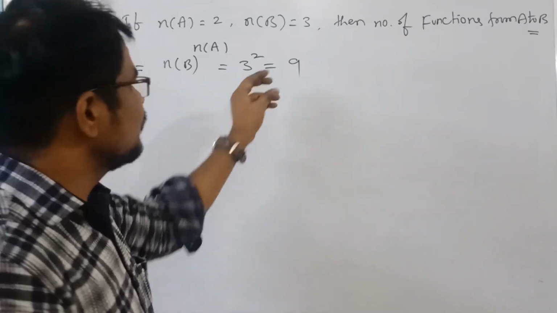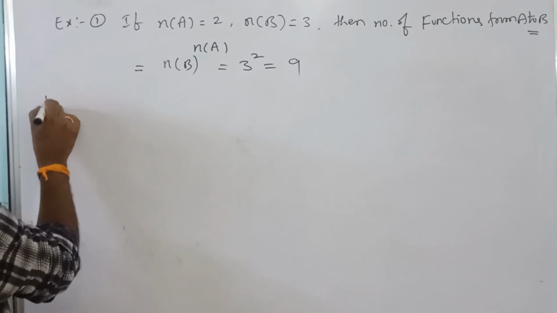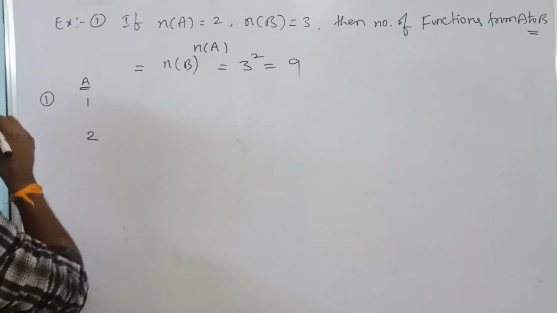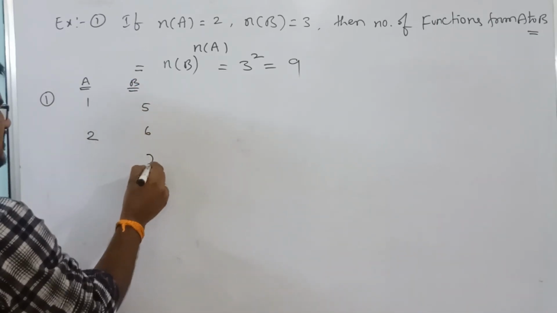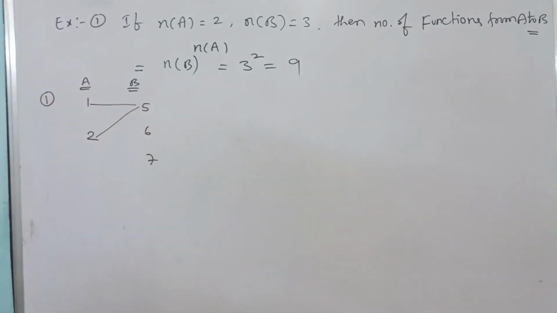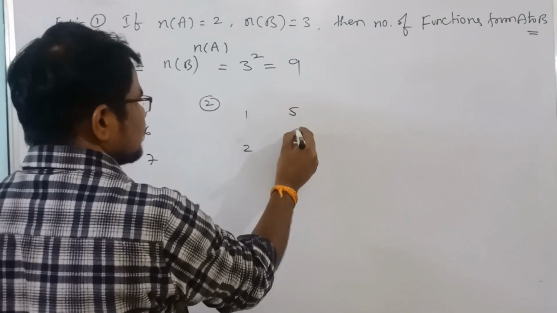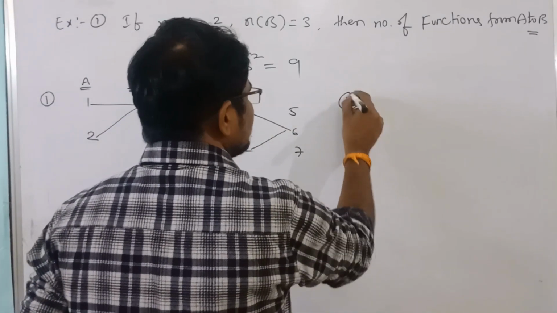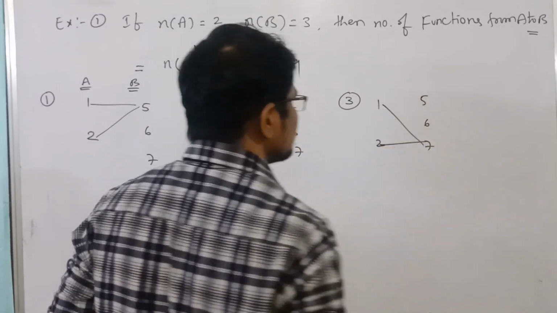Just I will explain how we are getting those 9 functions from A to B. Suppose first one, if you take 1 and 2 which are in set A, and in set B suppose 5, 6, 7 you take. So is this mapping a function or not? Next mapping, this is also a function. Third one, this is also a function.